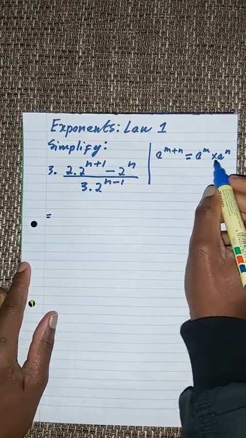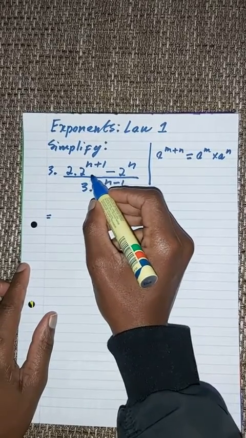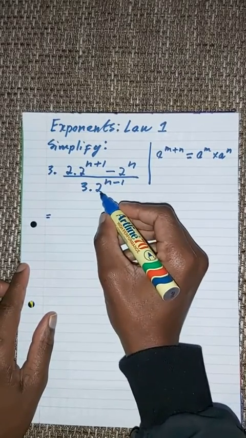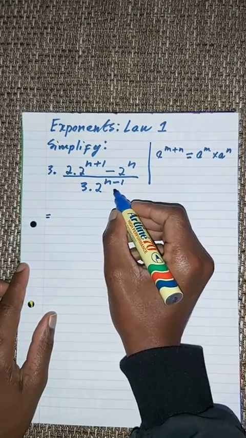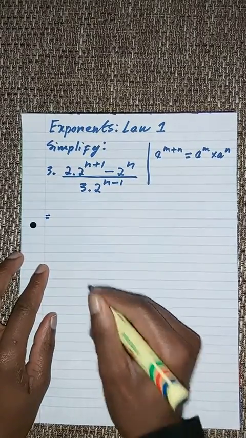Basically we're going to do this. In other words, we have to say 2 to the power of n times 2 to the power of 1. The same will be applied here. We'll say 2 to the power of n times 2 to the power of negative 1. All right, let's do it and see how it will work out.